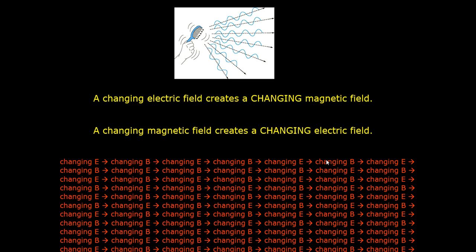So what's going on here? Well, look, as soon as we have a changing field of either E or B, what happens? We get a self-perpetuating system of E and B fields, right? In other words, you can take away the comb. As long as you get this thing going with the comb, then you take away the comb, and you don't even need it anymore, because the changing E field produced by the comb is going to produce a changing B field, which is going to produce a changing E field, and on and on and on.